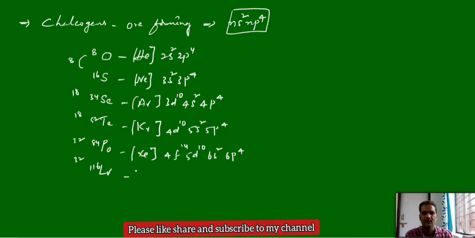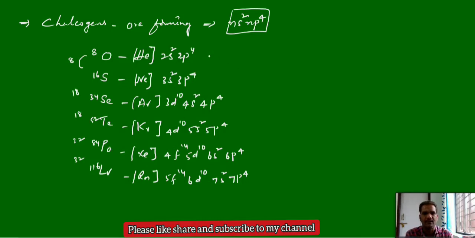And the last element, livermorium: radon 5f14 6d10 7s2 7p4. This is the last period element, atomic number 116. Anyhow, polonium is a radioactive metal. Livermorium is a newly discovered element, but the main focus is on the first four elements: oxygen, sulfur, selenium and tellurium. A few times we can go with polonium also.